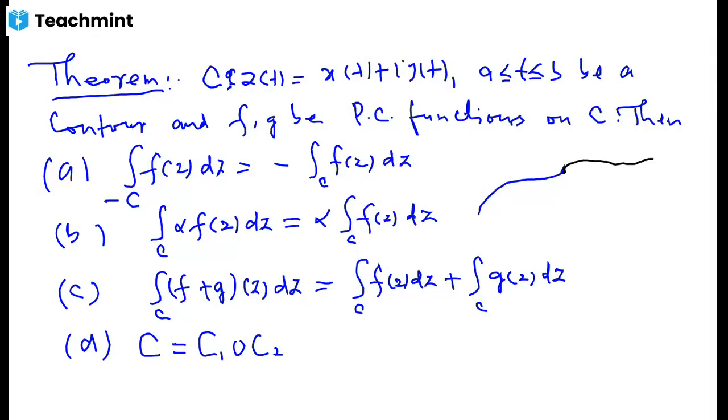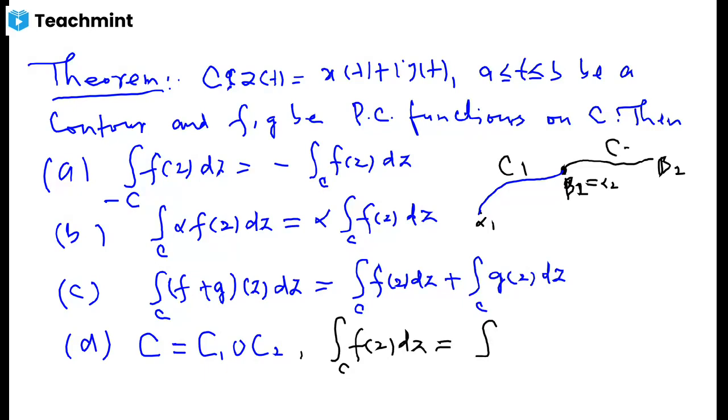They are glued together at some point, where beta 1 is equal to alpha 2, and suppose it starts from alpha 1 and it ends at beta 2. Then the line integral over the whole contour C can be decomposed. Let this part be C1 and this part be C2. It is the integral over C1 of f of z dz plus the integral over C2 of f of z dz. We don't have any trouble.